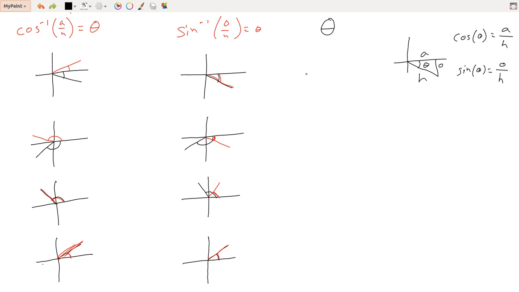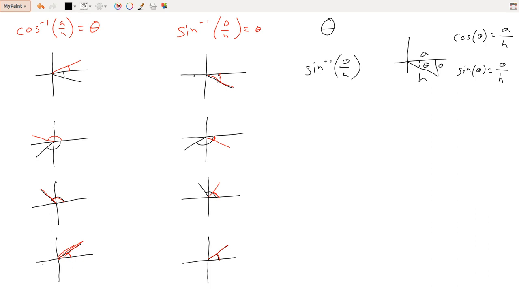So for that case, we can just take the value returned by the inverse sine, since that's going to give us the right value.